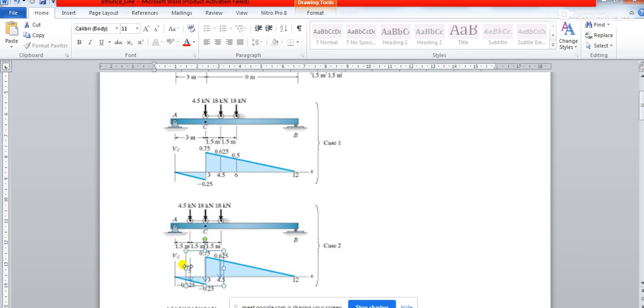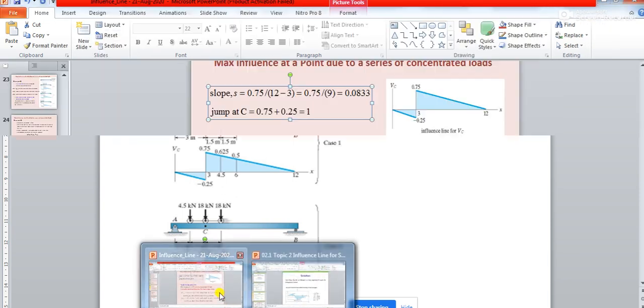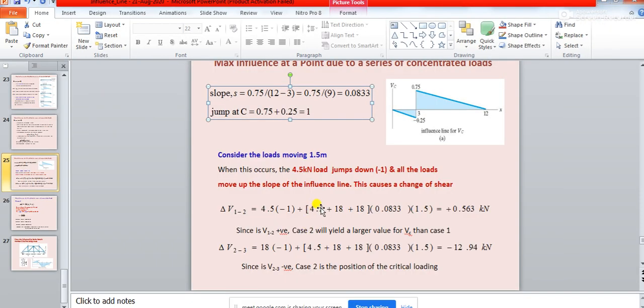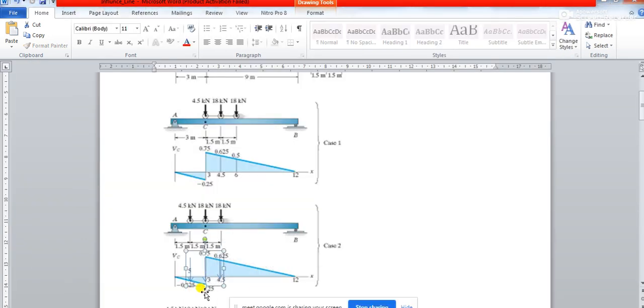So when it is moving a positive slope, you just multiply this 4.5 kilonewton load with this slope value 0.0833, and you see by how much distance that load has moved. See, the load can only move by 1.5 meter distance, right? Because once this load is moving by 1.5 meter distance, then only this 18 kilonewton load will be exactly coming over this maximum ordinate 0.75. So the movement of the load will be 1.5 meter.